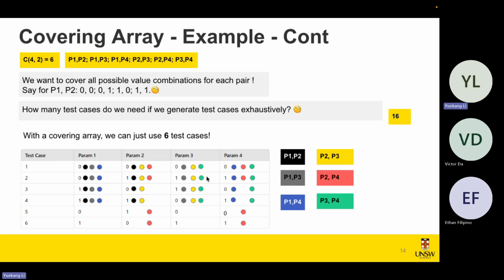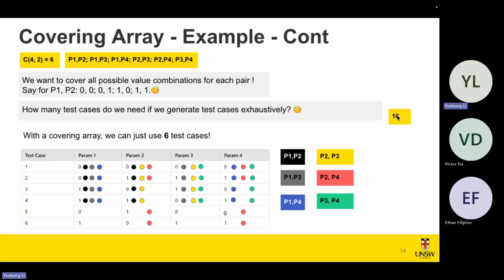And 1, 1, test case 2. So you can see that the first 4 test cases can already cover all the possible combinations of values of 5 different pairs, right? We only need 2 more test cases for this pair here.